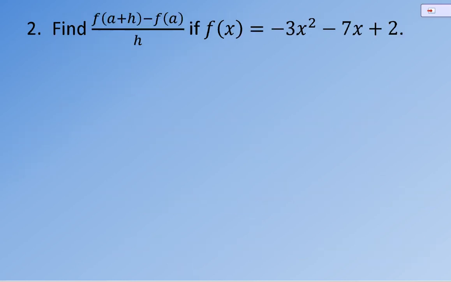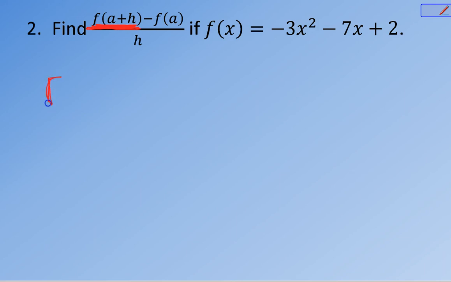Last one, the beast. This is a different function. Yes? Different function. So we're going to have to do a little work. Here we go. So I am going to write the f of a plus h in the first position.